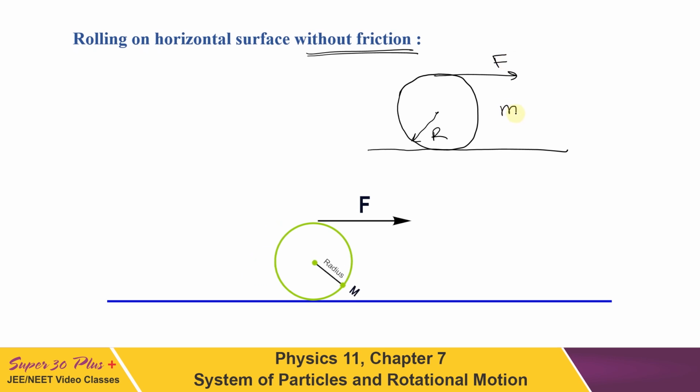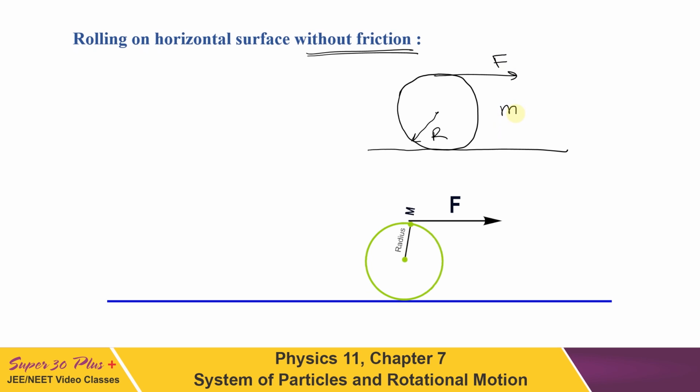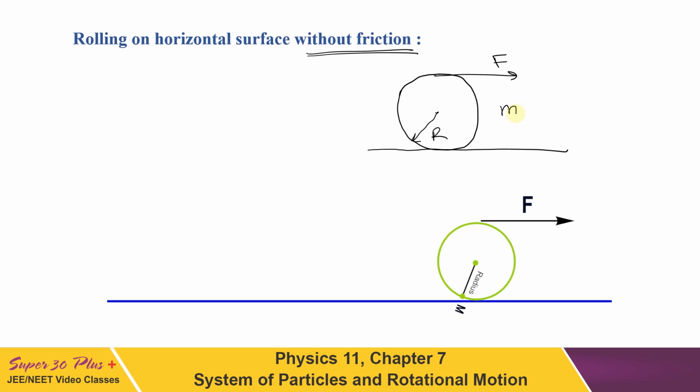Now if this force F is applied on top of the ring, let us first consider that a friction force is acting, and then we can see later how this friction becomes zero. So let us consider that friction is acting on the ring.